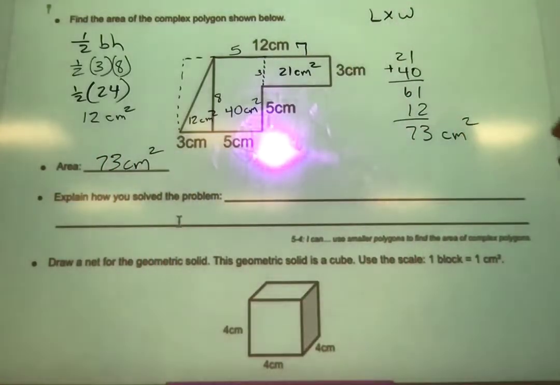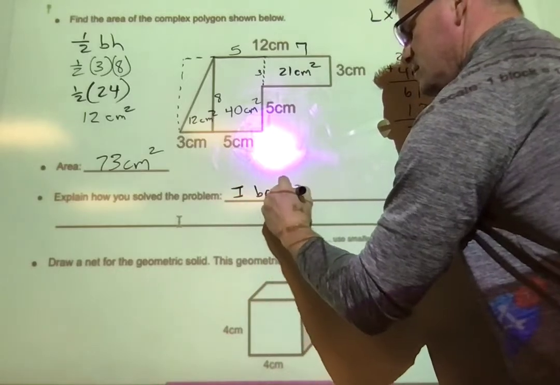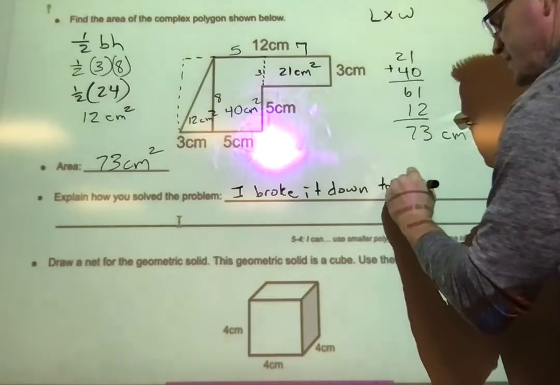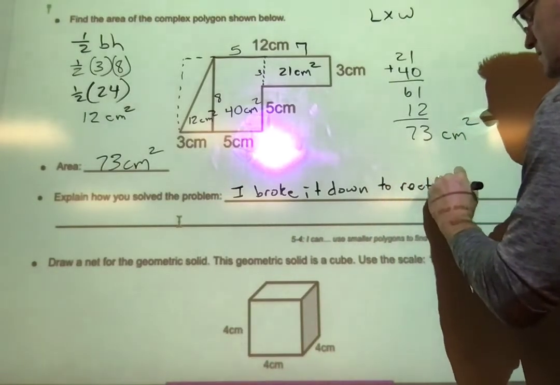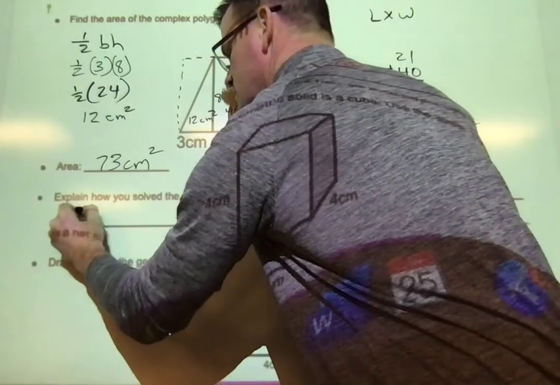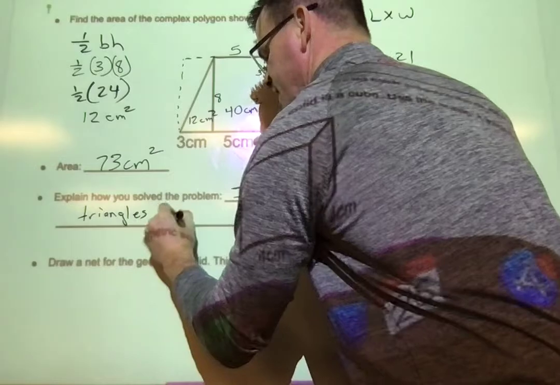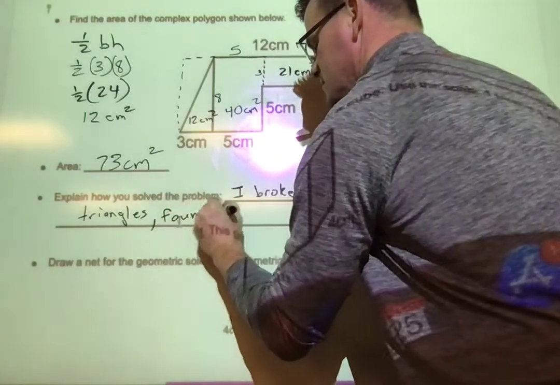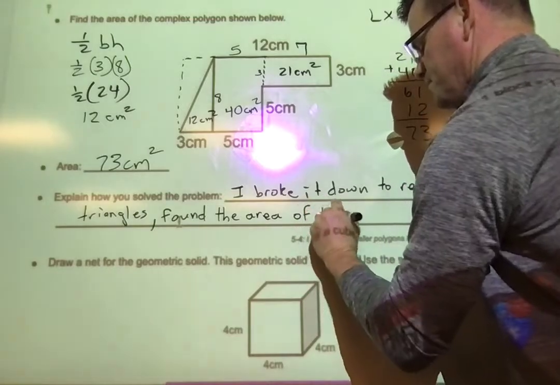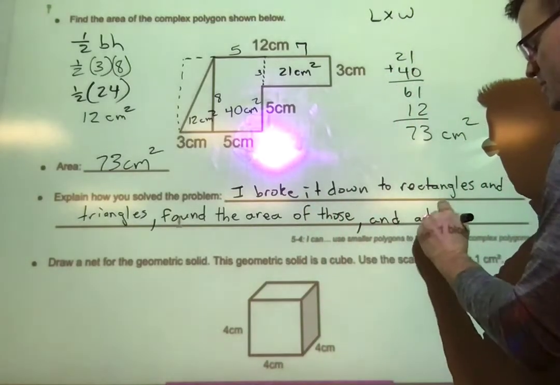And explain how you solve the problem. Well, I broke it down to rectangles and triangles, found the area of those, and added them all up.